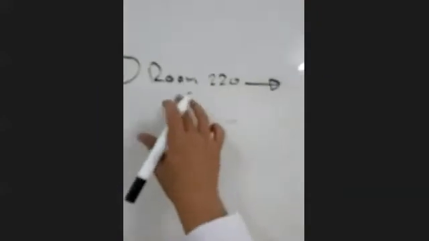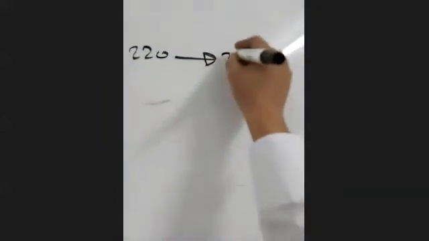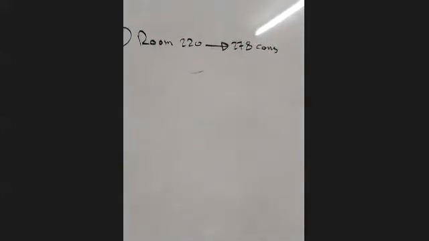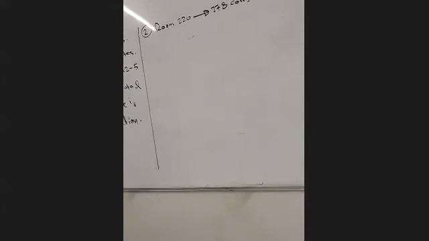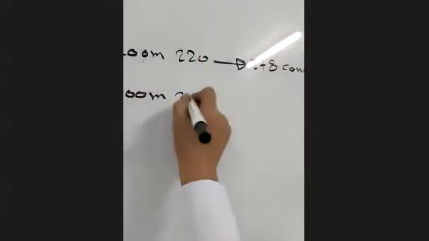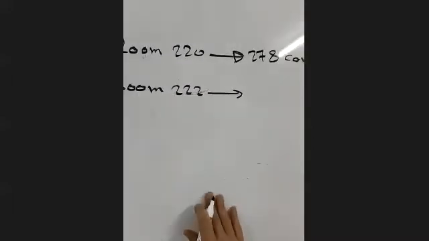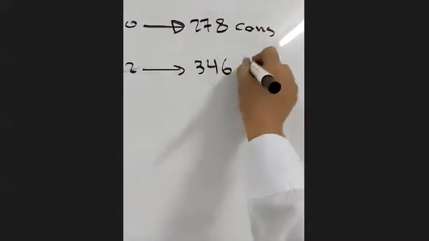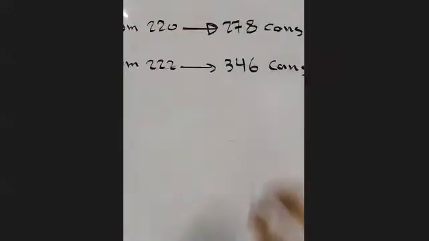In room 220, it has 278 cans, right? Yes. And the second room, 222, it has how many cans? 346 cans. Good.